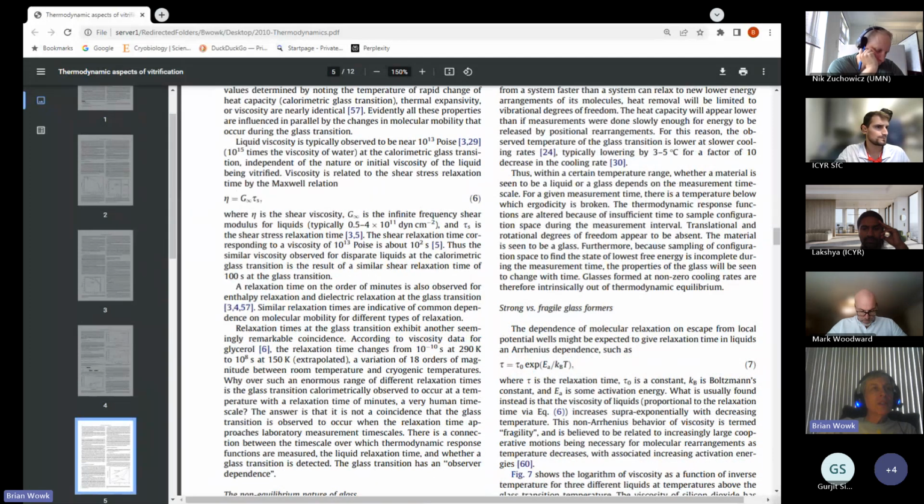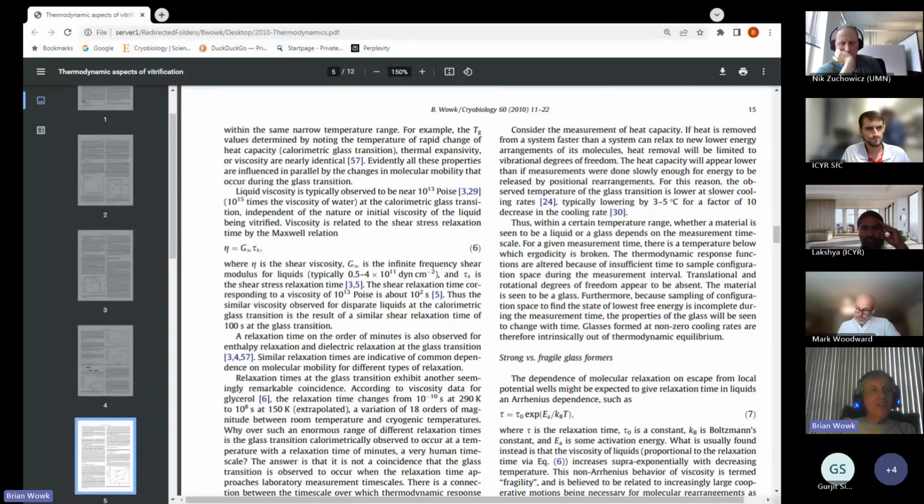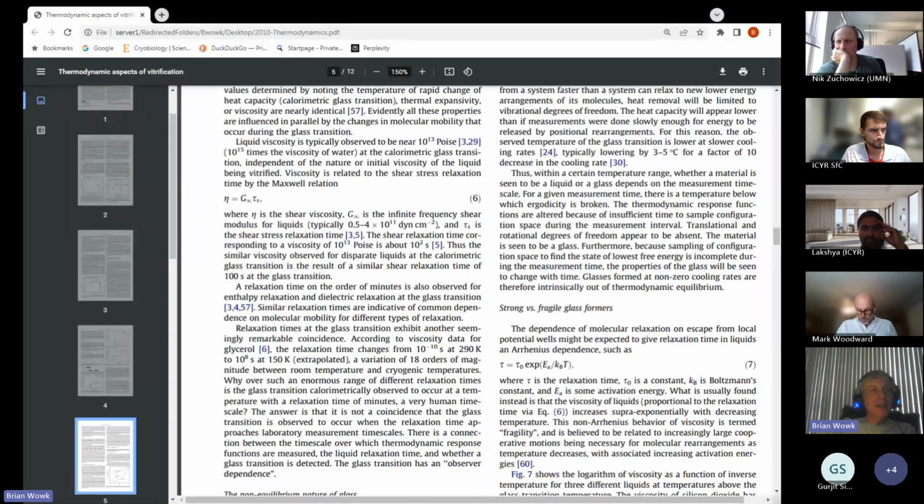So let's see, what other interesting stuff do we got going on here? There's something very interesting about the glass transition, and it's the non-equilibrium nature and the observer dependence of the glass transition.